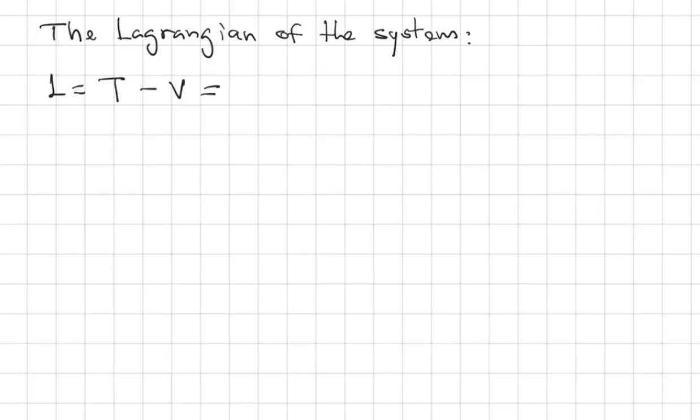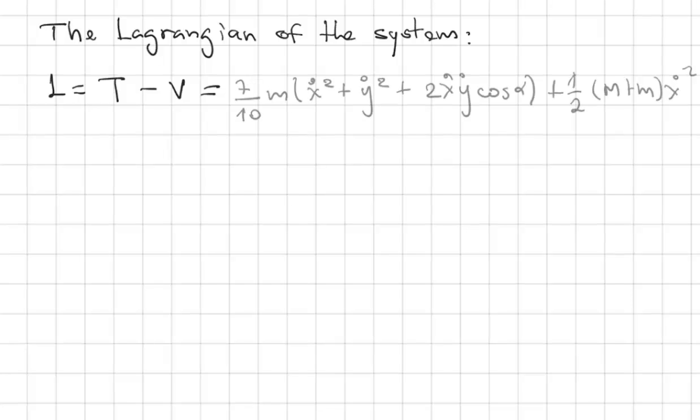So the kinetic energy is, as we know from equation number 5, equal to 7/10 mass multiplying x dot squared plus y dot squared plus 2x dot y dot cosine of alpha, plus 1/2 of the mass of the wedge plus the mass of the ball multiplying x dot squared. Right?